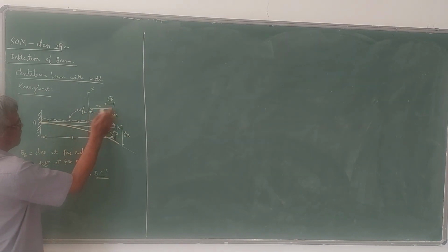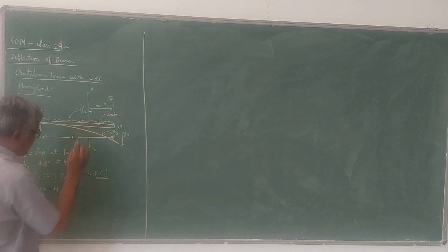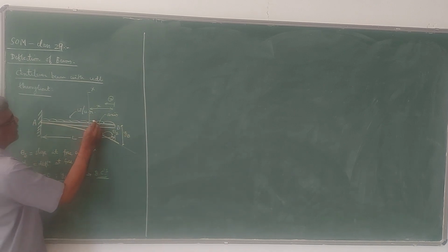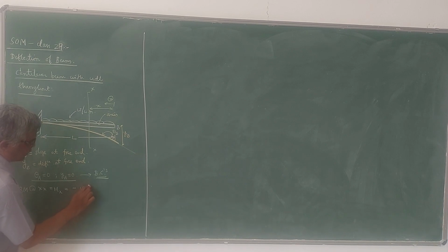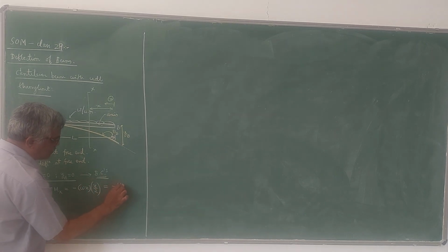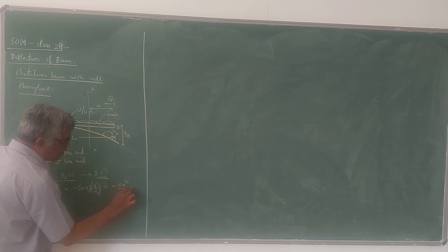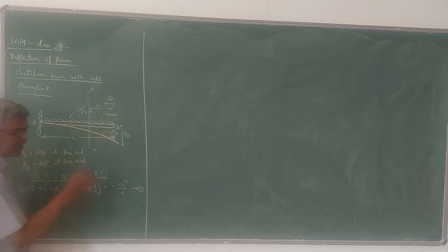If you see to the right side of this XX section, UDL is acting downward, so minus. Intensity is w, distance is x, so w into x is the total load. It acts at the midpoint, so into x by 2. So this is the bending moment equation, Mx equals minus w x square by 2. This is equation 1, the moment equation.